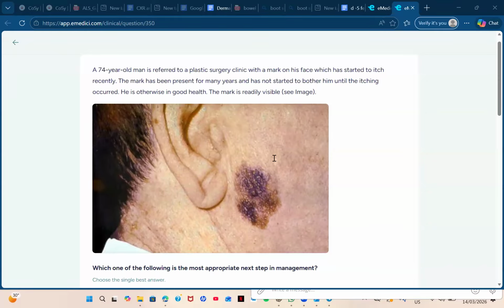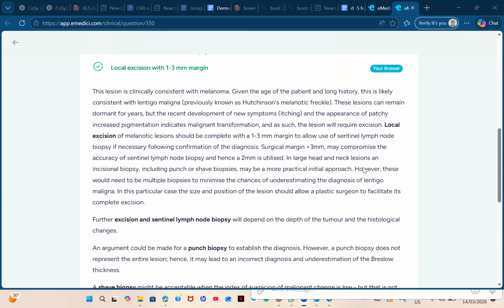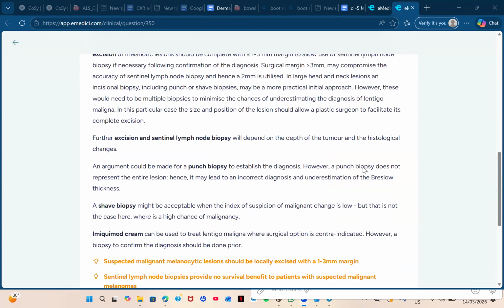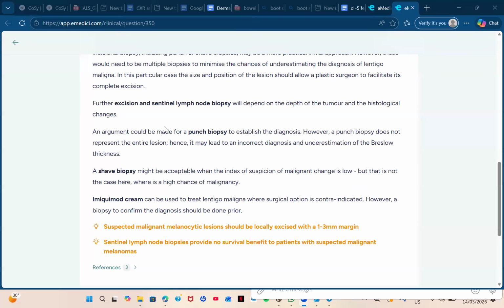I think your problem is why not shave or punch. Let's see why not punch. An argument could be made for a punch biopsy to establish a diagnosis.